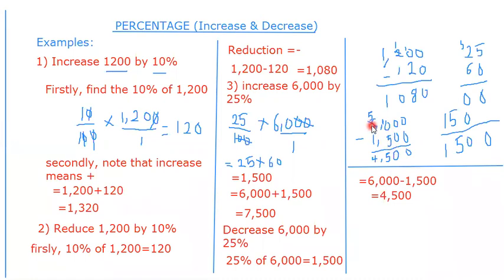So you have to borrow one from the 1,000 position and put it here. So when you put it here, you are doing 10 minus 5, and that gives you 5. Then because you took one from here, remember to change it to 5. So 5 minus 1 will give you 4. So that is 4,500. That is how we arrived at that particular answer, 4,500.